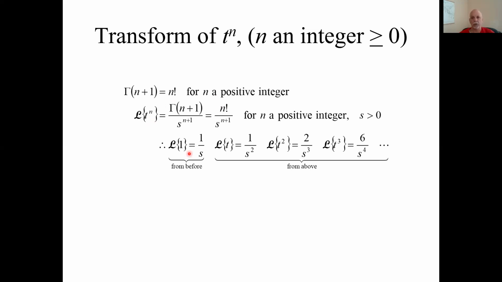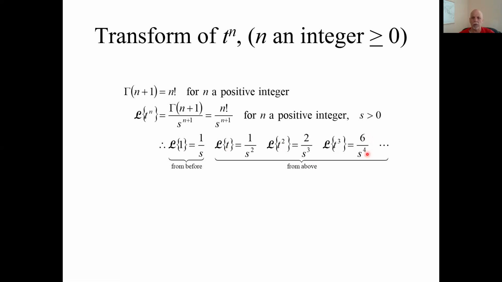So here's the first few. If n were 0, we're back to 1, and we already did that one. That's 1 over s. If n is 1, the Laplace transform of t is 1 over s squared. And t squared is 2 over s cubed. T cubed is 6, which is 3 factorial, over s to the fourth.